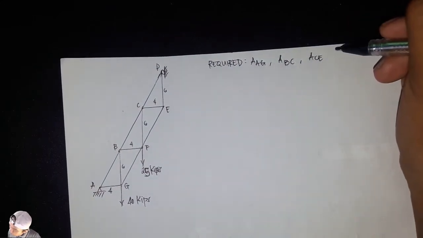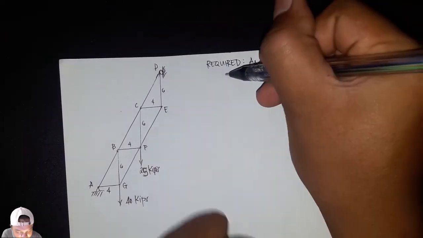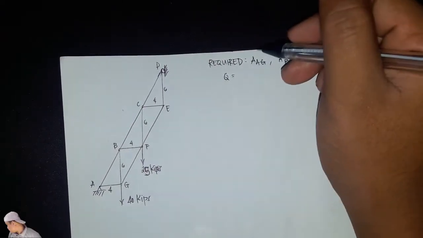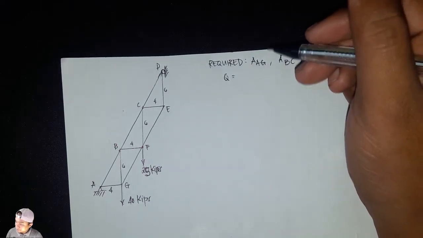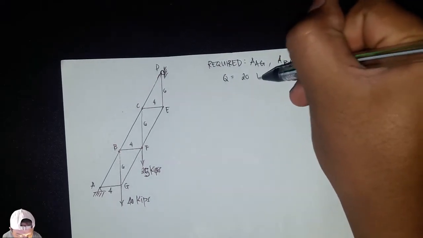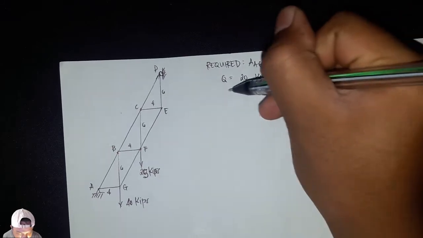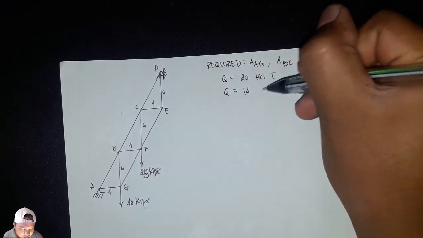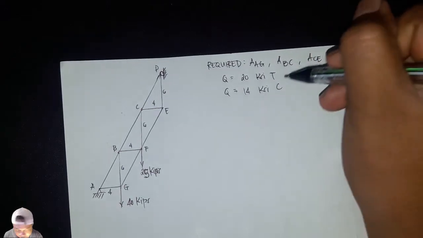So yan yung area natin. So meron tayong condition na kapag tension is not to exceed 20 KSI, pero pag compression is not to exceed 14 KSI.